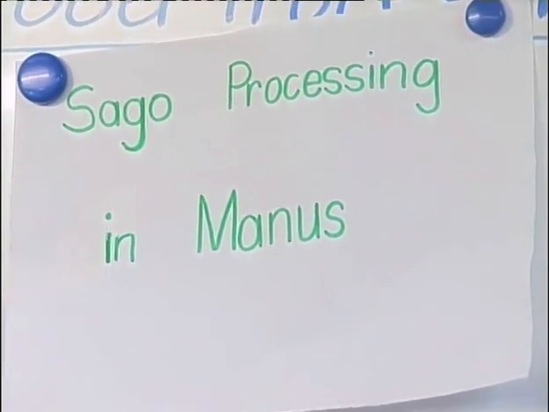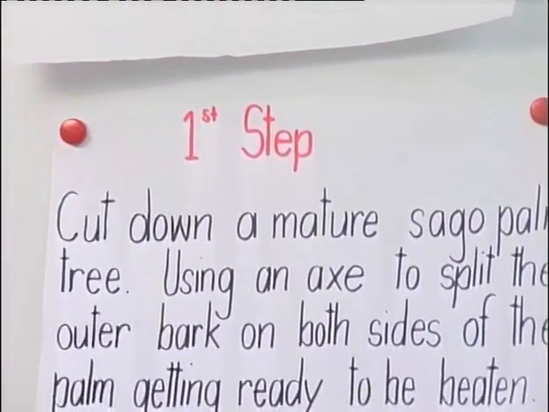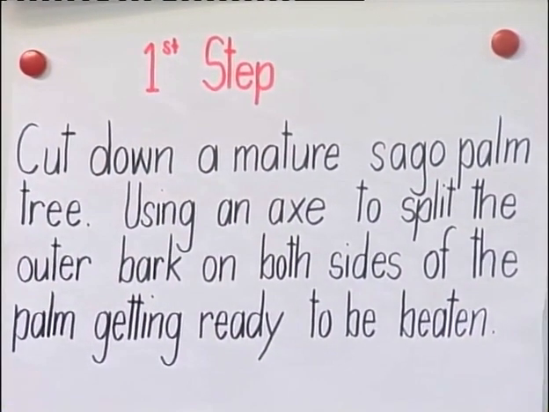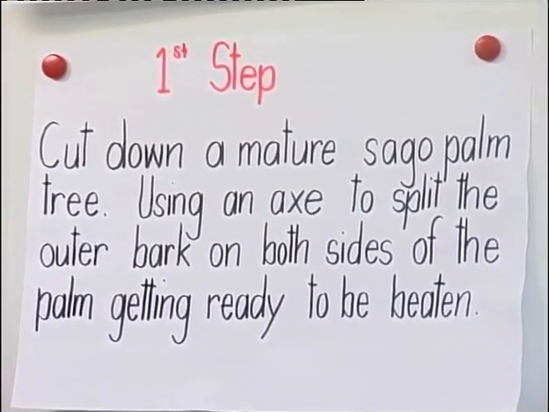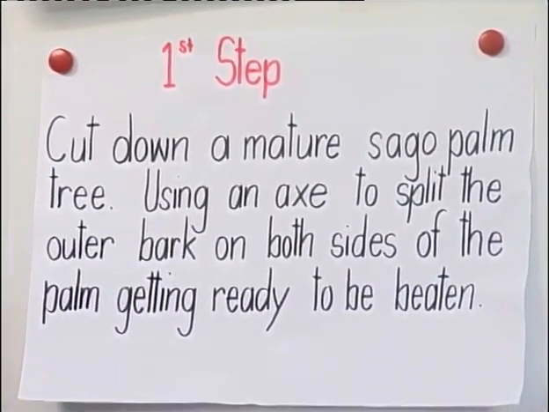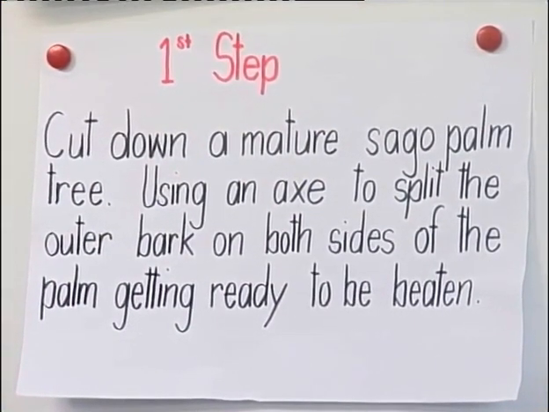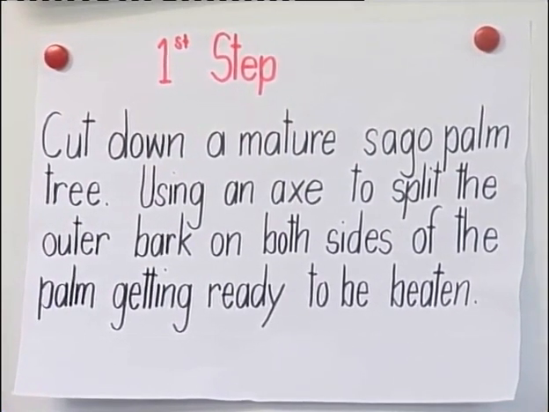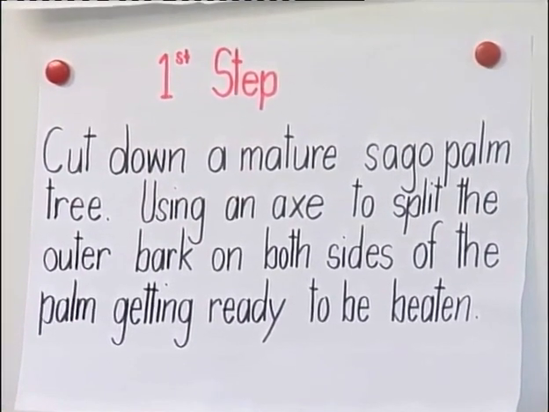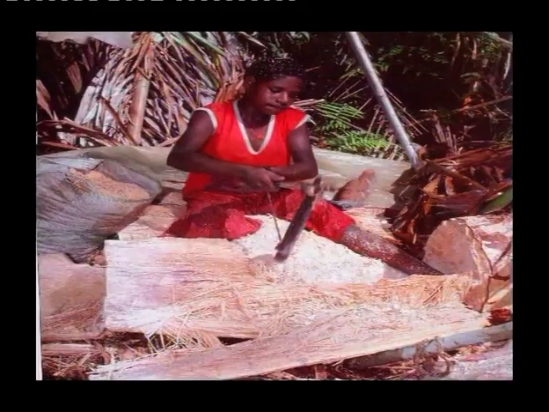The word I have used, mature: when you see a sago tree which has produced a lot of flowers, that is the mature plant that has to be chopped down, ready for the processing of sago. Other trees without flowers are not suited for the processing. So when the splitting of the outer bark of the palm is done, it is ready to be pounded or beaten.